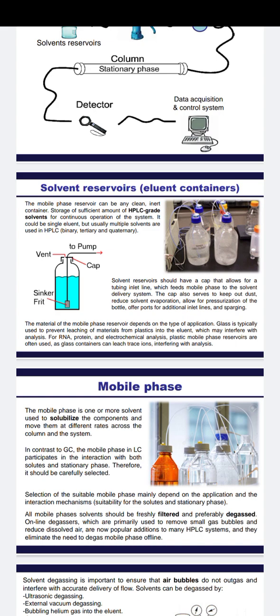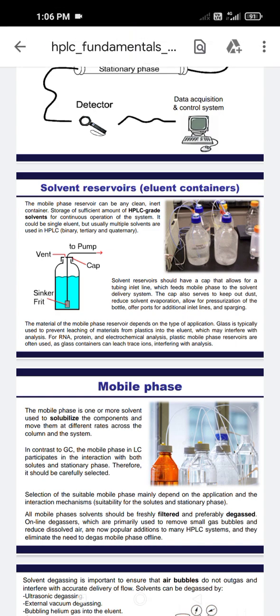The solvent reservoir should have a cap that allows for a tubing inlet line which feeds mobile phase to the solvent delivery system. The cap also serves to keep out dust, reduce solvent evaporation, allow for pressurization of the bottle, or offer ports for additional inlet lines and sparging.